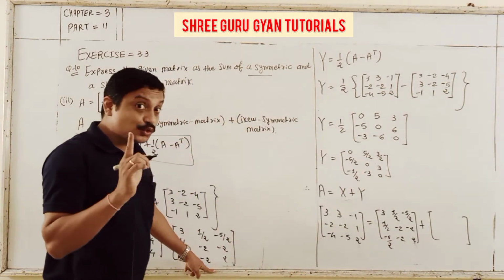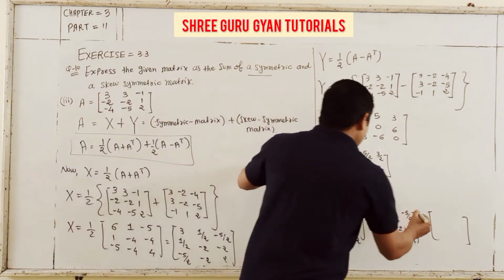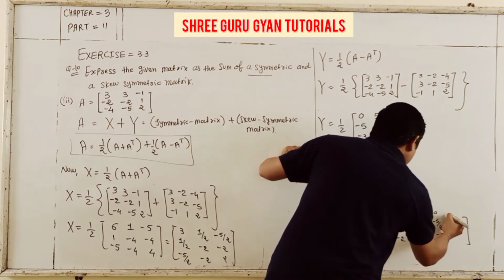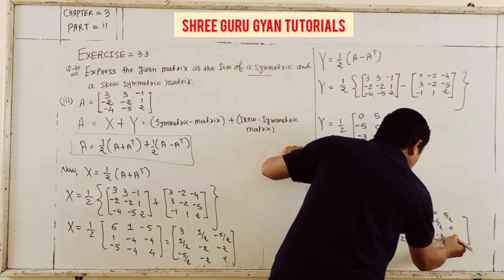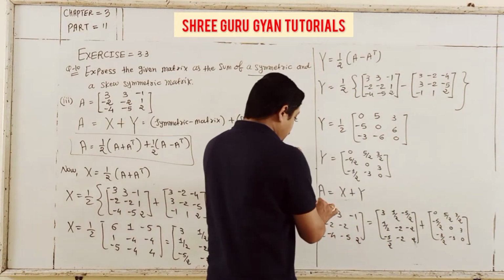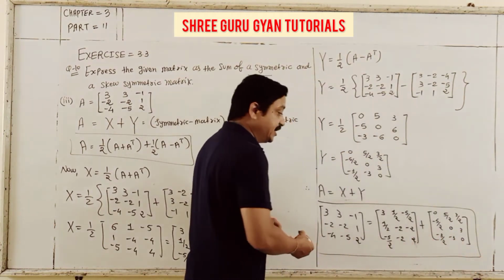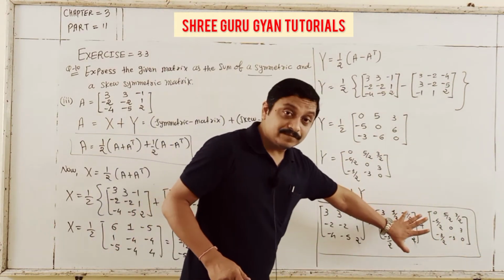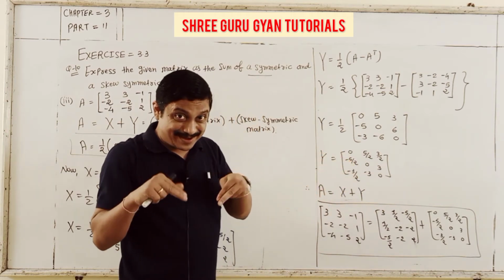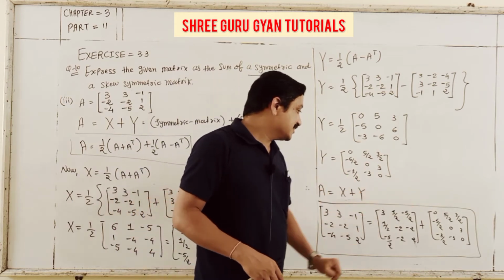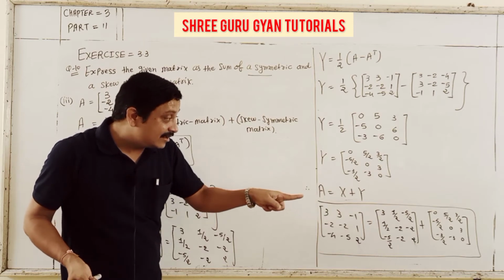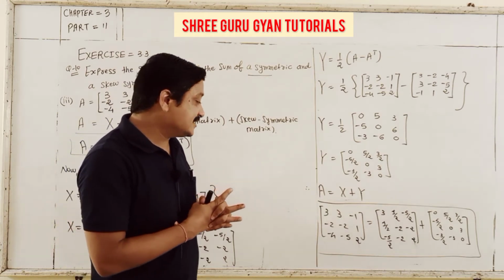And also I know the Y: 0, minus 5 by 2, with the minus 3 by 2. Similarly 5 by 2, 0, minus 3, and last 3 by 2, 3 with 0. You also check that this addition is fulfilled from the right side to the left side. 3 plus 0 is 3, 5 by 2 and 1 by 2, 6 by 2, it means 3, and minus 1 plus carry minus 5 and plus 3, minus 2 by 2 is minus 1. All data check. You just determine whether the answer is the same or not.